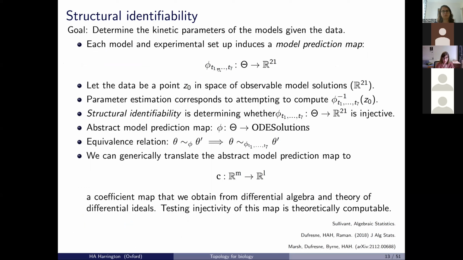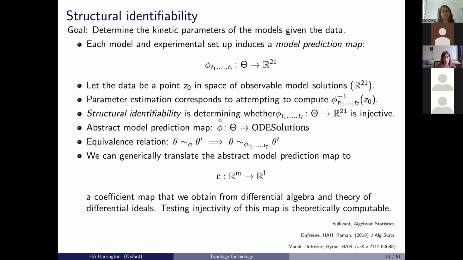So each model and experimental setup induces what we call a model prediction map. This is phi at the 7 time points, going from our parameter space to our sample space. And we let this data point, our experimental data, not be in the space of observable model solutions. So parameter estimation corresponds to computing the inverse of this map.